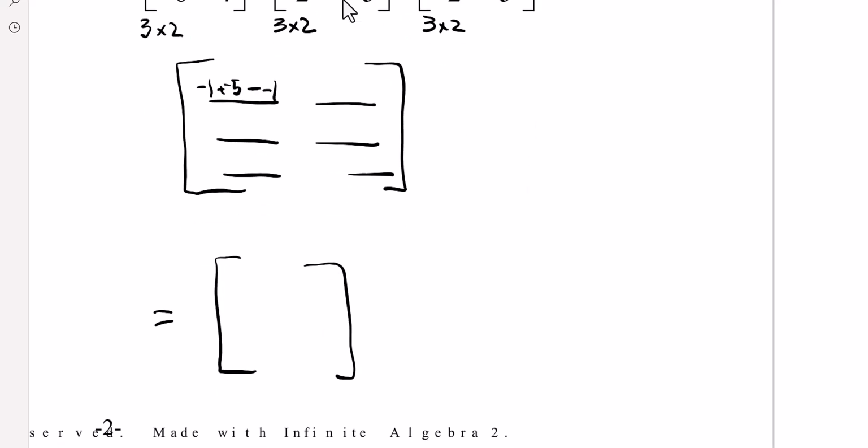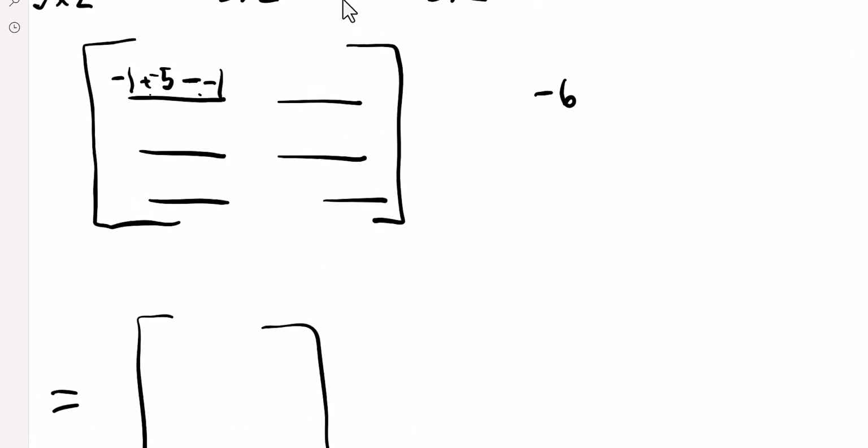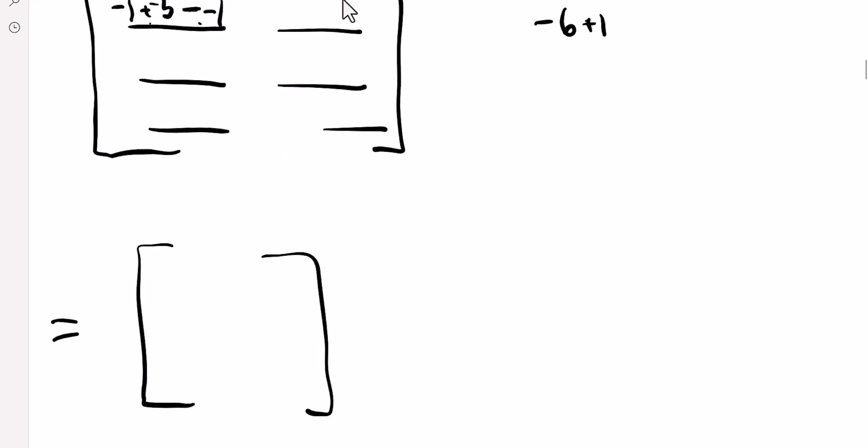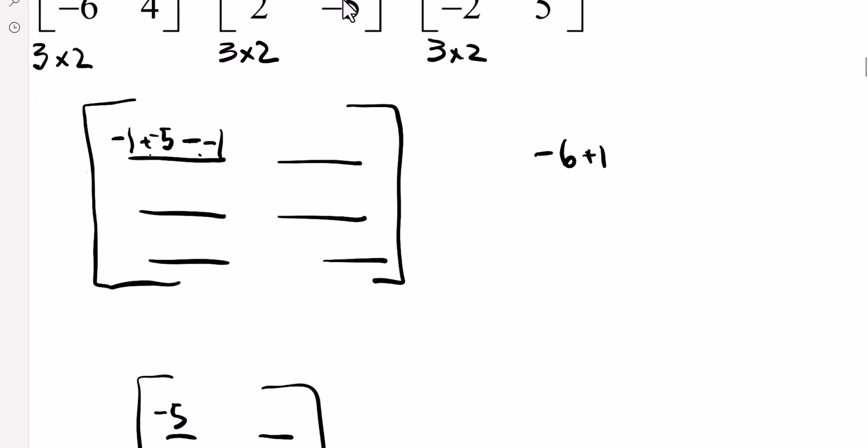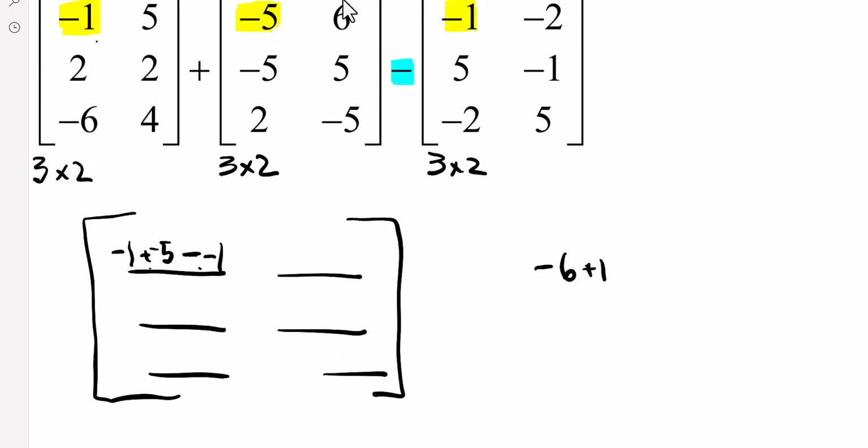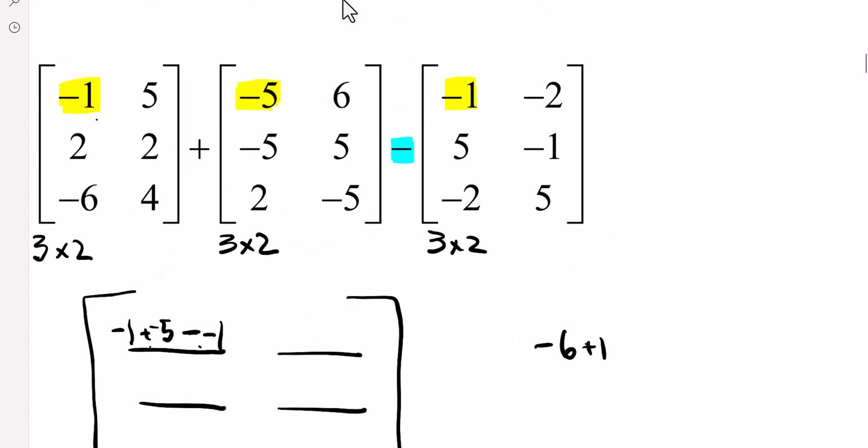So notice -1 plus -5 is -6. And then subtract a negative, let me make this bigger. Subtract a negative means add 1. So -6 plus 1 would be -5. All right, so now we're going to go on to the next one.